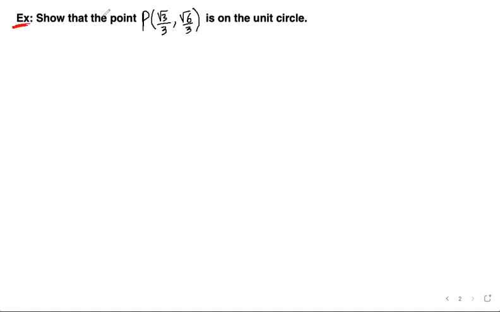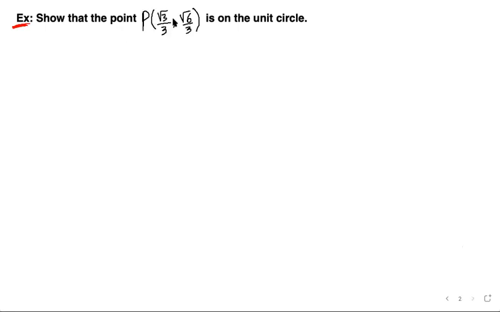So how can I show this point is on the unit circle? It's in the equation you gave us, x squared plus y squared equals 1. Exactly.